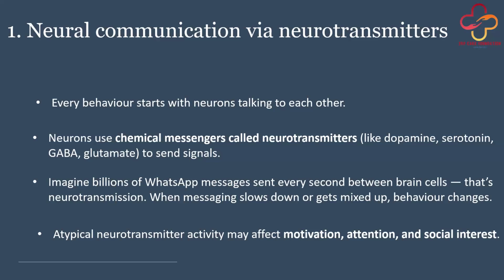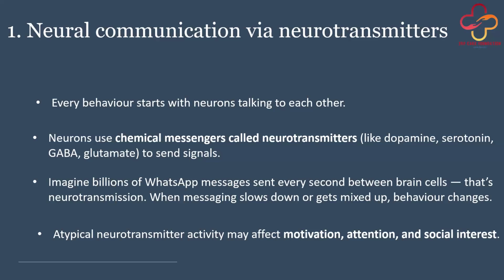That's neurotransmission. And when messaging slows down or gets mixed up, like when a message was supposed to go to this group but instead goes to that group due to overload, due to overpressure of work, behavior change occurs. A typical neurotransmitter activity may affect motivation, attention, and social interest.